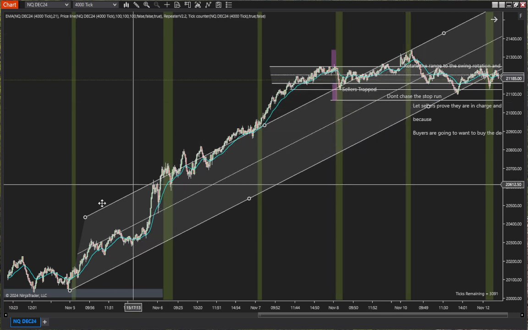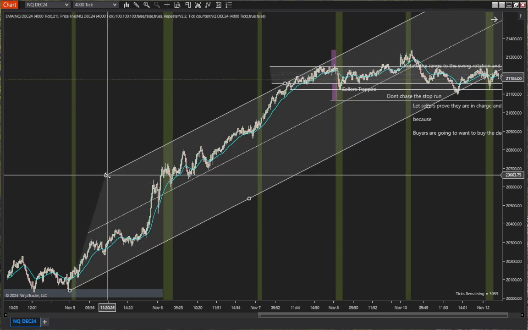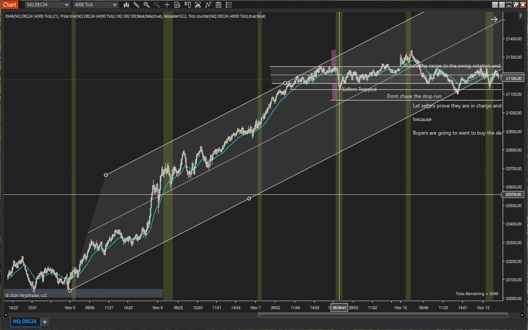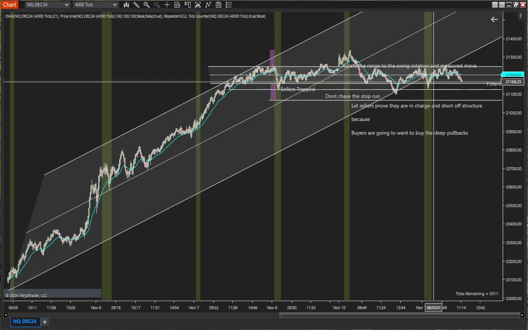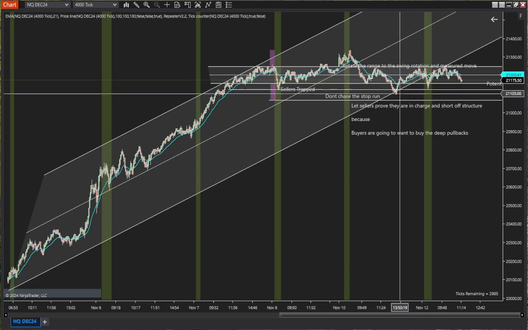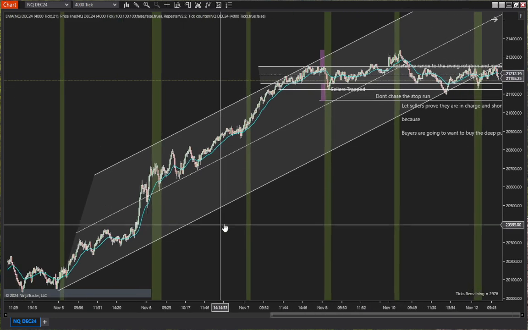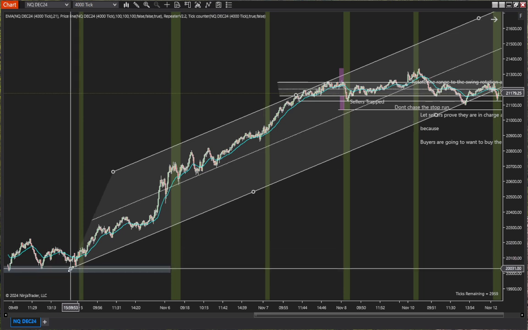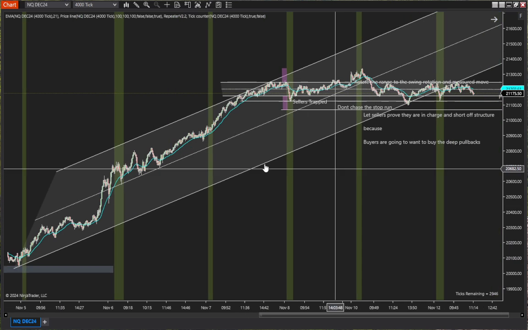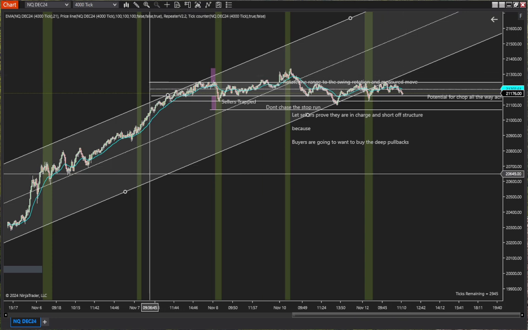So what I mean by that is I want to connect these lows first, this most recent low where we swung below. And then we're going to connect the highs, and then do it the opposite, going from the low to this low.